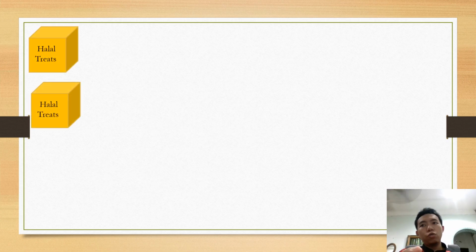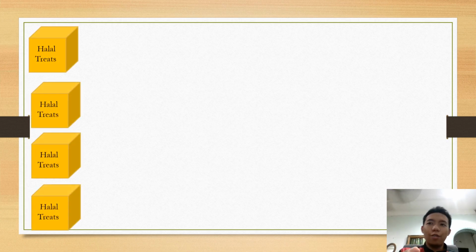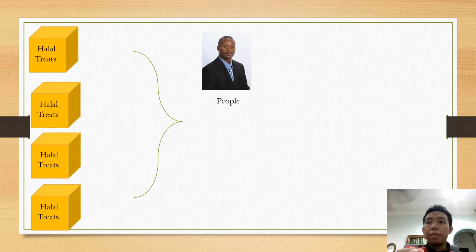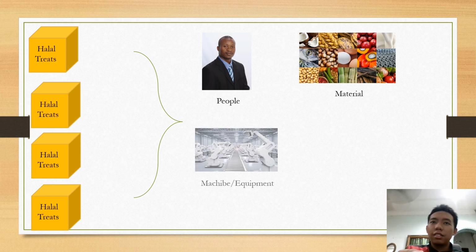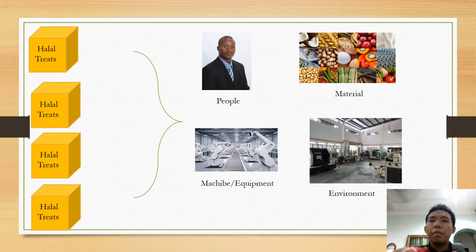For the potential contaminant, we need to evaluate the halal traits. But how many halal traits do we have? So we have 1, 2, 3, and 4. We have 4 halal traits, which are people, material, machine and equipment, and also environment.